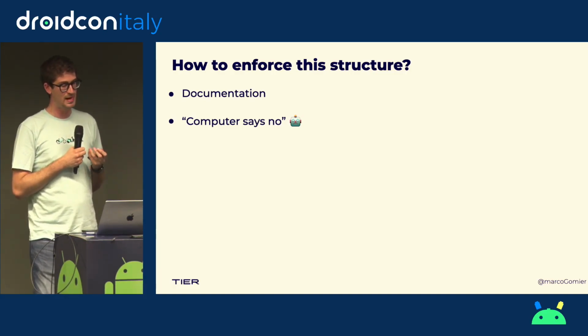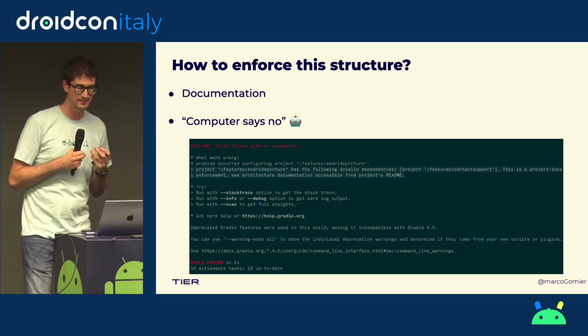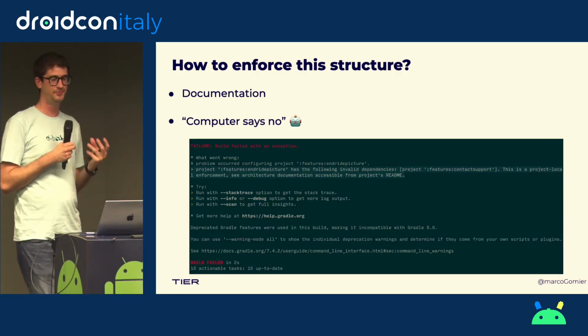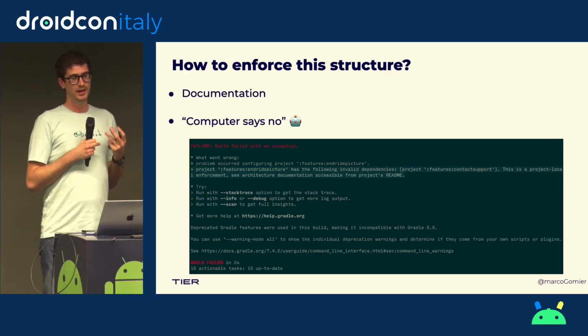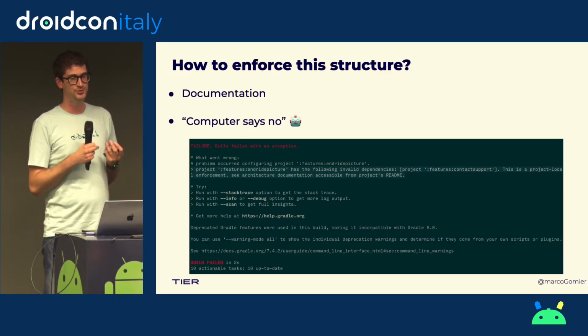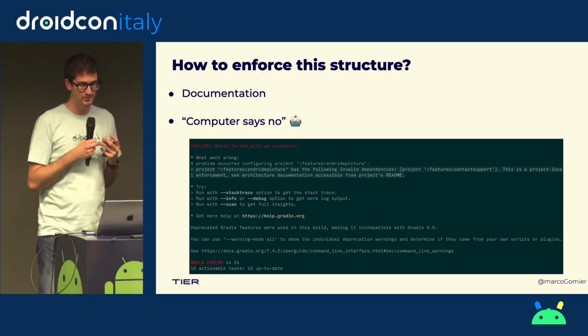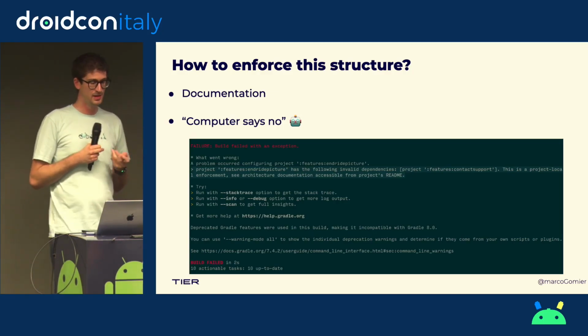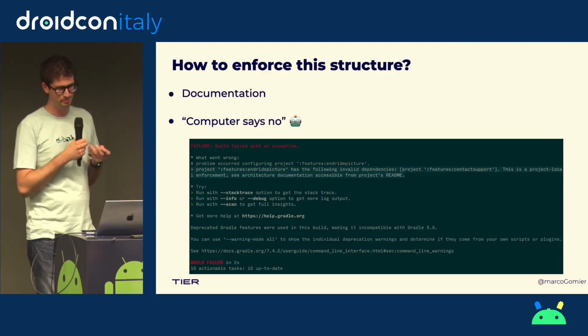So we also added a simple Gradle plugin that checks the dependency graph if we are doing something bad. So for example, using a feature module inside a library, then the Gradle plugin will fail the build and shut the thing down.